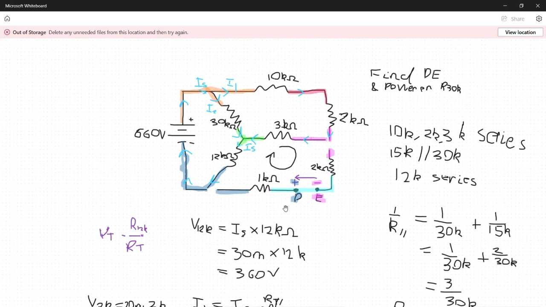And now that I've done that, I can use my KVL. So that's the plus, that's the minus. That'll be our voltage drop. That's the plus, that's the minus. And that's going to be this way.